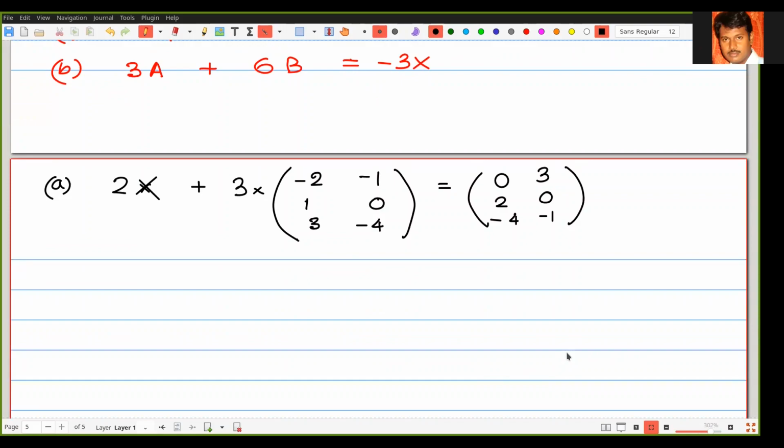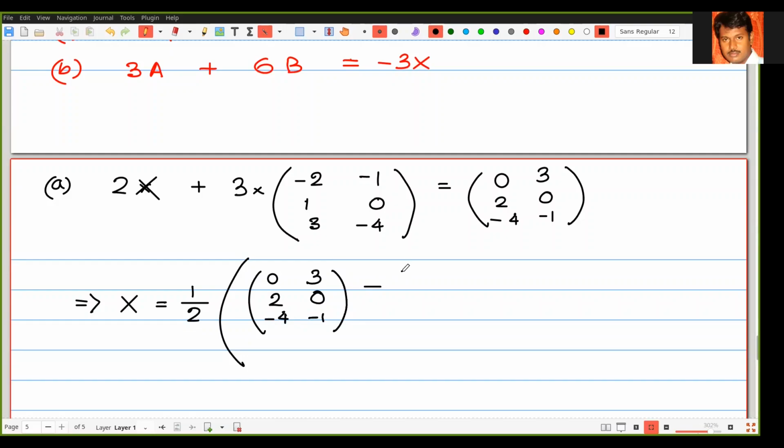After calculation, X is equal to half of [0, 3; 2, 0; -4, -1] minus [-6, -3; 3, 0; 9, -12].